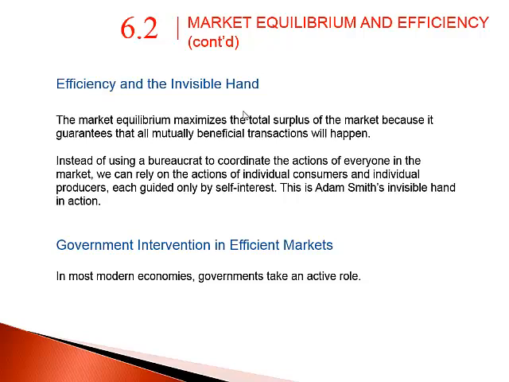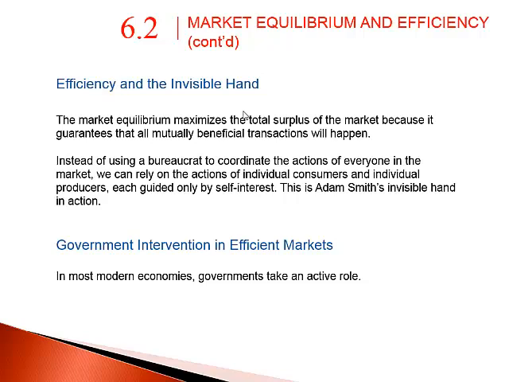So if businesses are getting too much money, the invisible hand will bring that price back in. And we will see that because people are guided by their self-interest, other businesses are going to produce cheaper and cheaper and cheaper. And so we'll essentially see the most amount of surplus we can get in an efficient market.